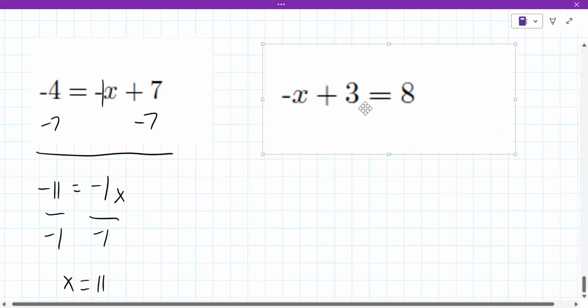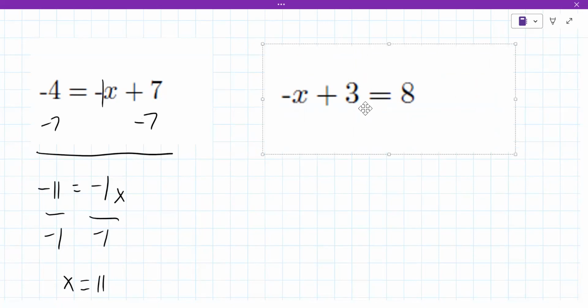And then we'll switch to some more two-step equations. -5.